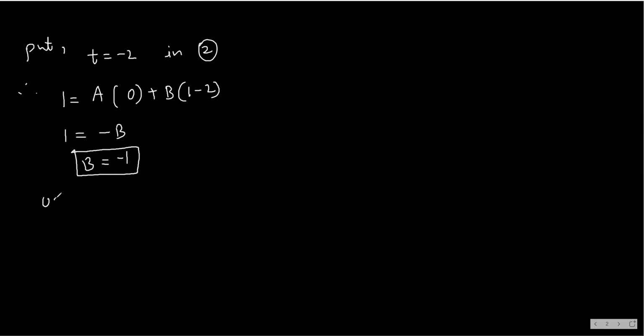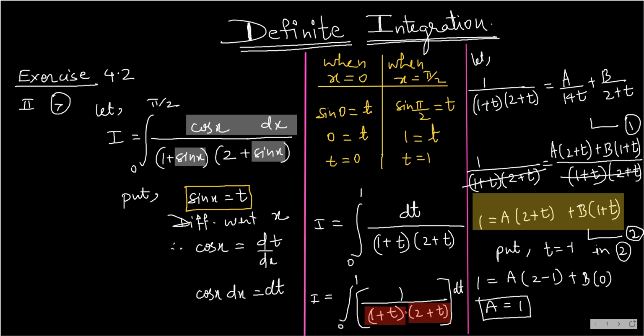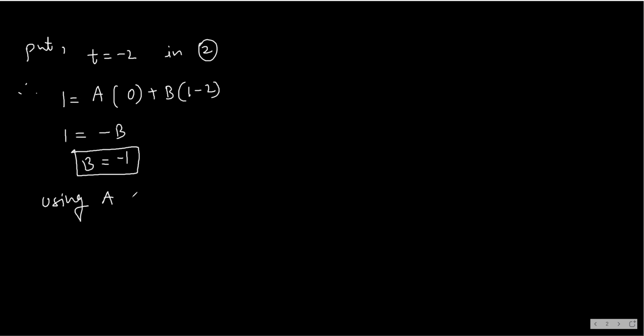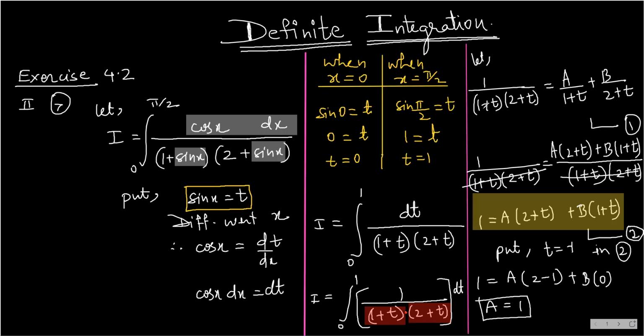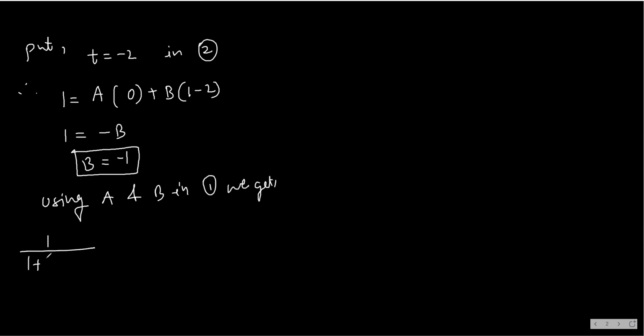I write, now I use this a and b in equation 1. So here, using a and b in 1, what do you get? You get 1 upon 1 plus t into 2 plus t equals to, what had you assumed?